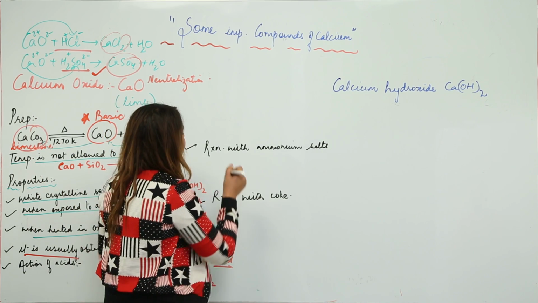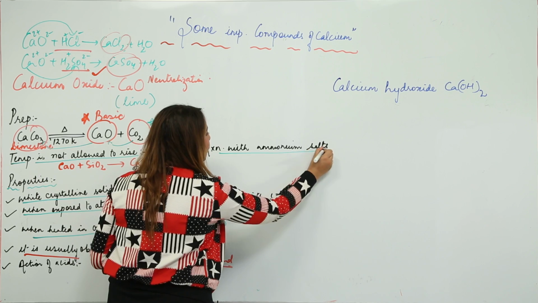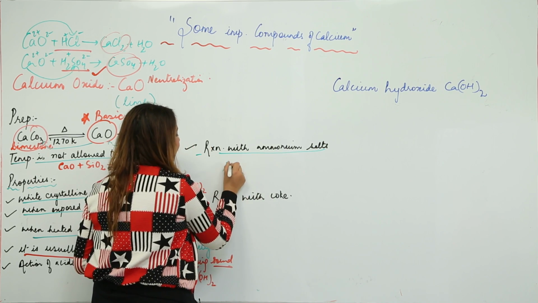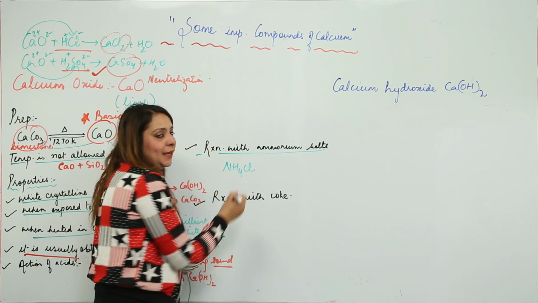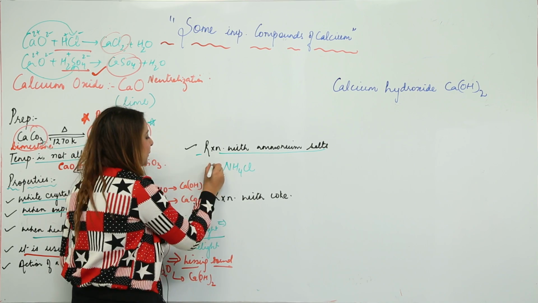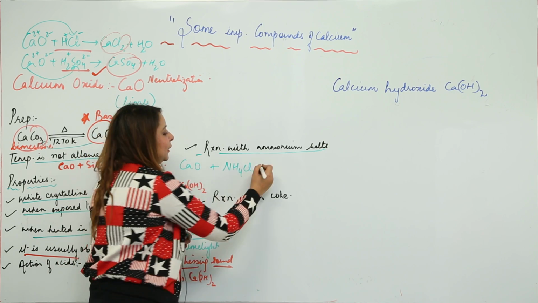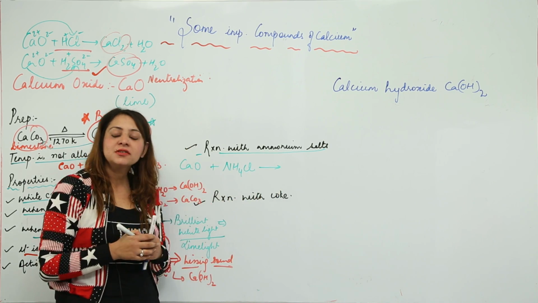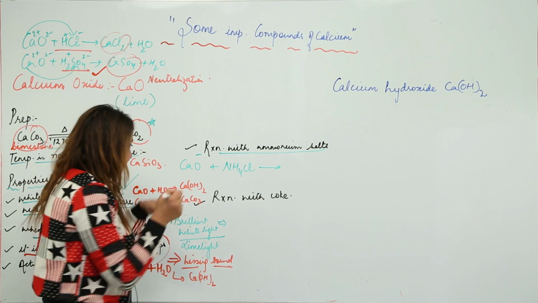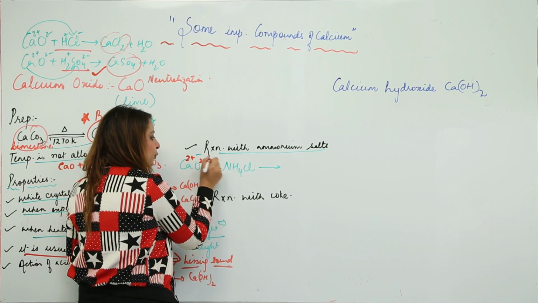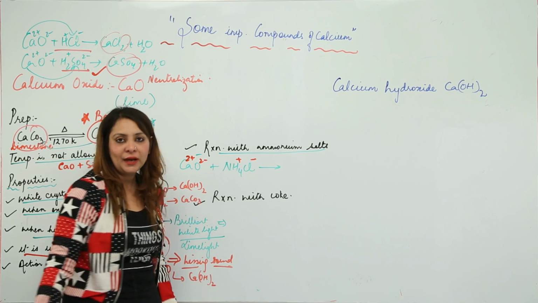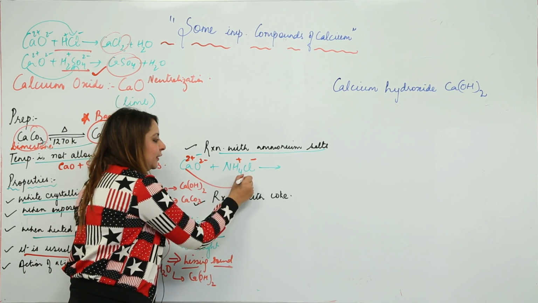Now moving on to how they react with ammonium salts. Let us take an example of an ammonium salt, let's say ammonium chloride. I am mixing it with lime. Again, to do a reaction, as I have told you, you just need to write the valencies. Ammonium is positive and chloride is negative, so this is going to react with this.